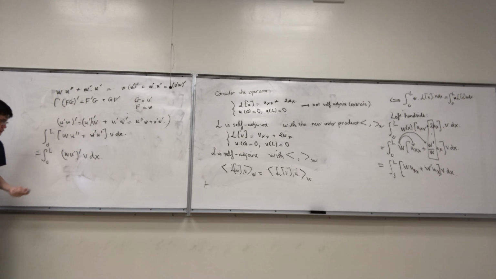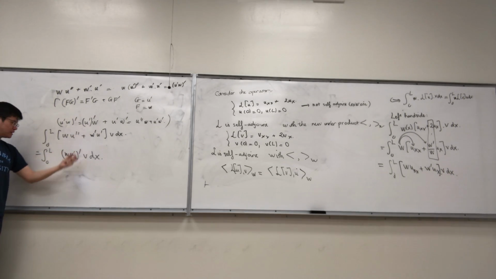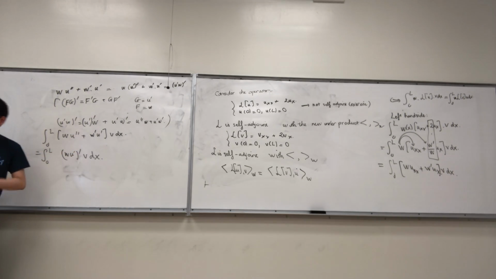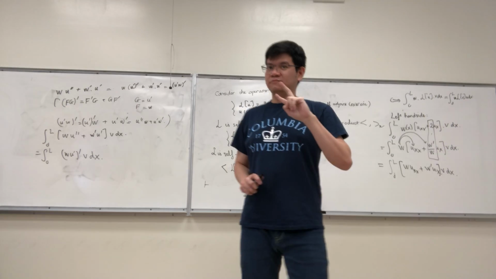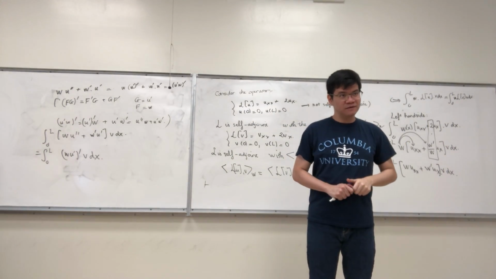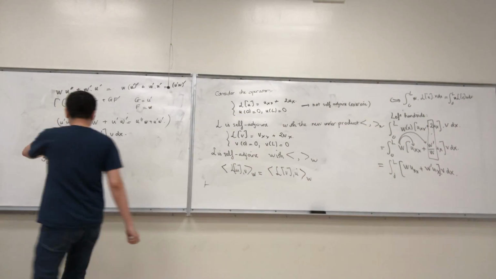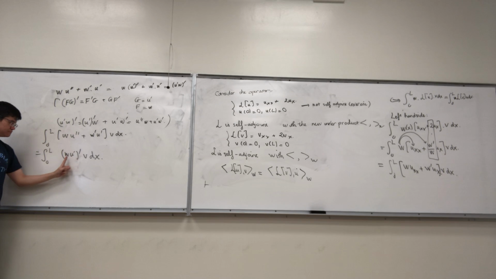So why is it useful? Because I can write this bracket like one derivative. And if I have one derivative here, what can I do? I can do integration by parts, right? So I'm going to put this prime to the other side.